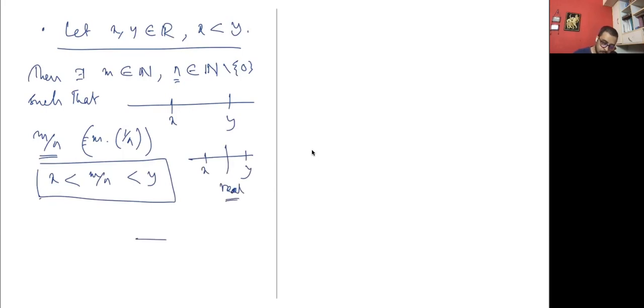And now this statement is a little bit stronger. Given x and y, x less than y, there is a number of this special form in between them.